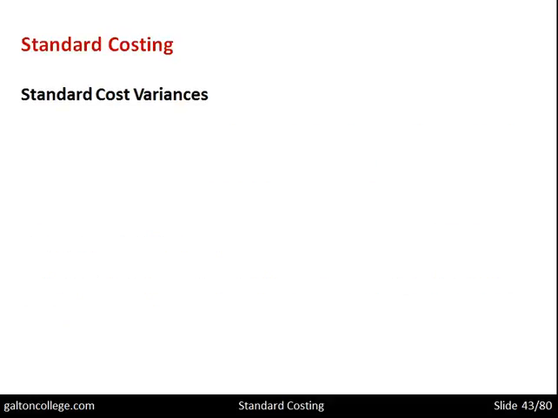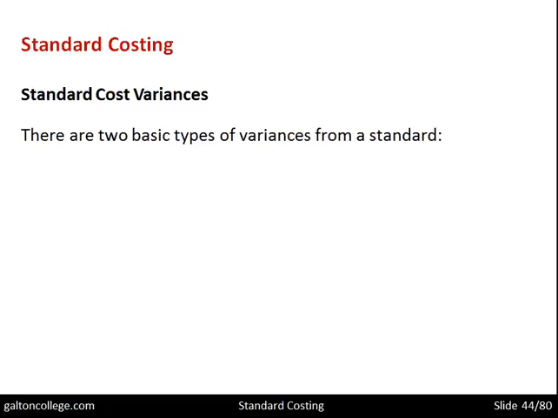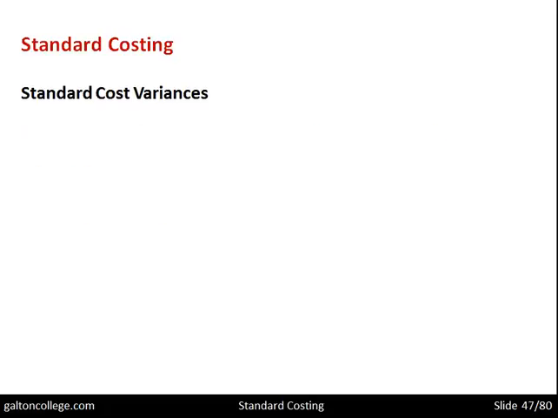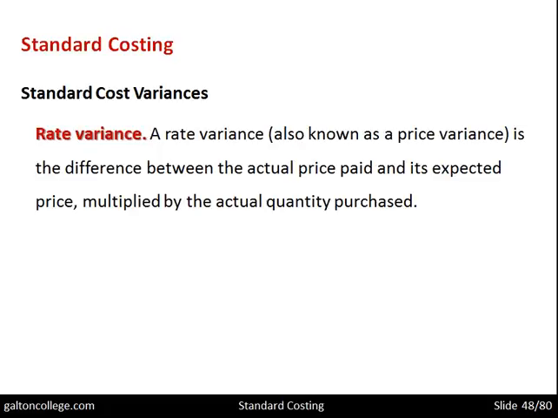Now, standard cost variances. Well, there are two basic types of variances from a standard. The first one is called rate variance, and the second is volume variance. Now, a rate variance is also known as a price variance. This is the difference between the actual price paid and its expected price multiplied by the actual quantity purchased.